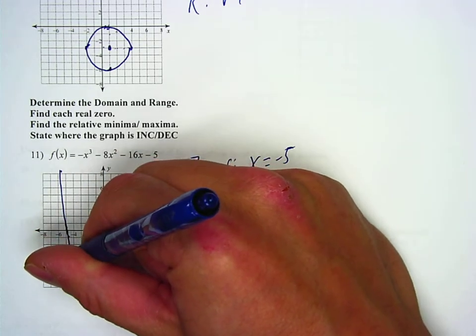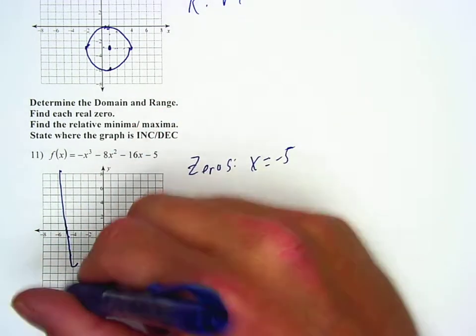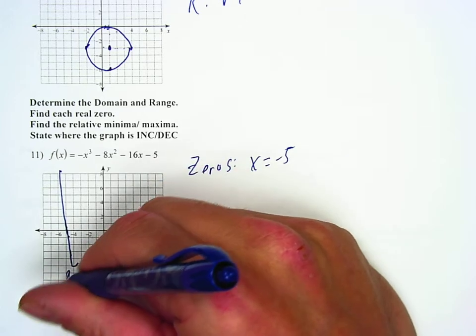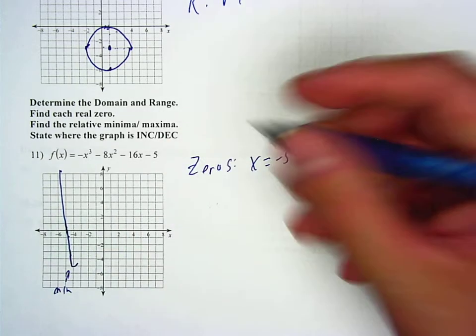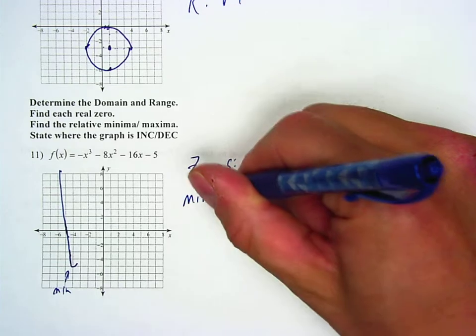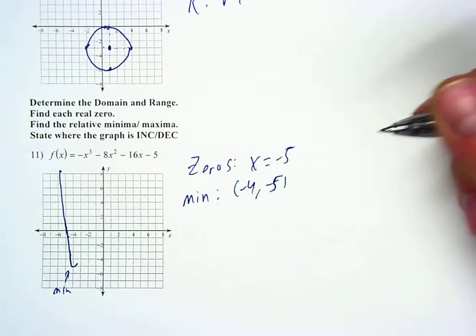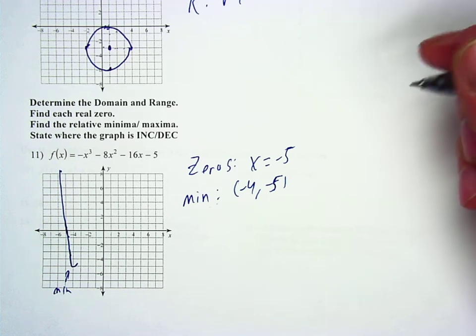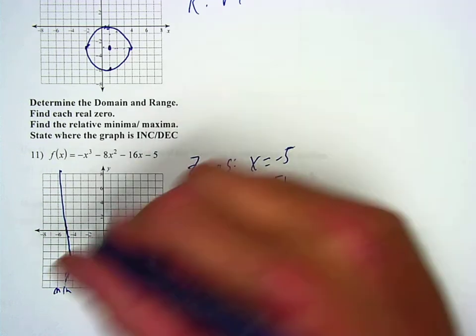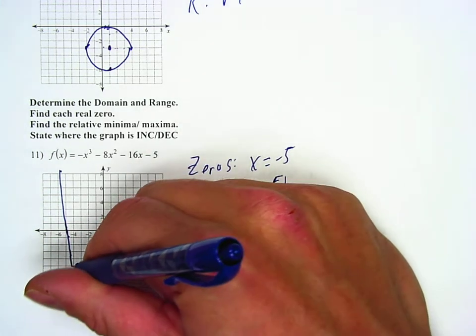Again, for my class, it'll be drawn for you. That's called the minimum, or relative minimum. Negative 4, negative 5. And again, that might not be exactly negative 4, negative 5. I'm not using the calculator here to get the actual values. I'm just approximating it with a graph that I have pre-done.